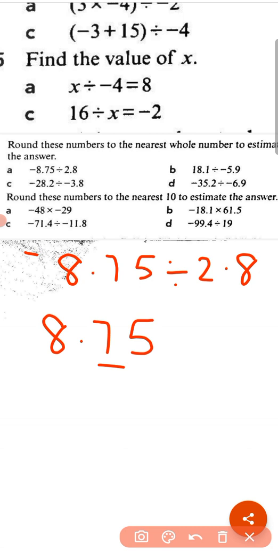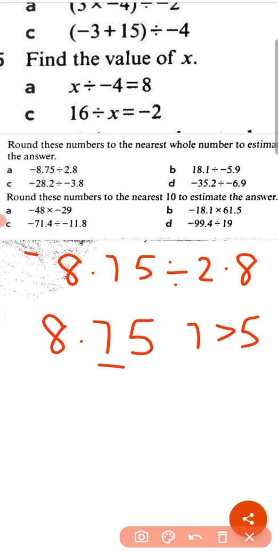Okay. So check the 10th place. 10th place means the first place after the decimal. Here the 10th place is 7. 7 is greater than 5.